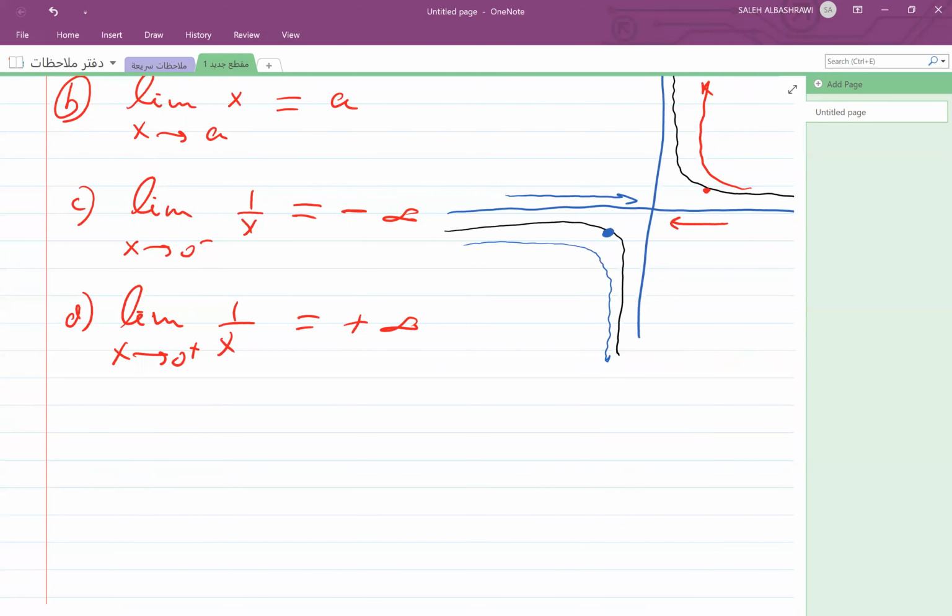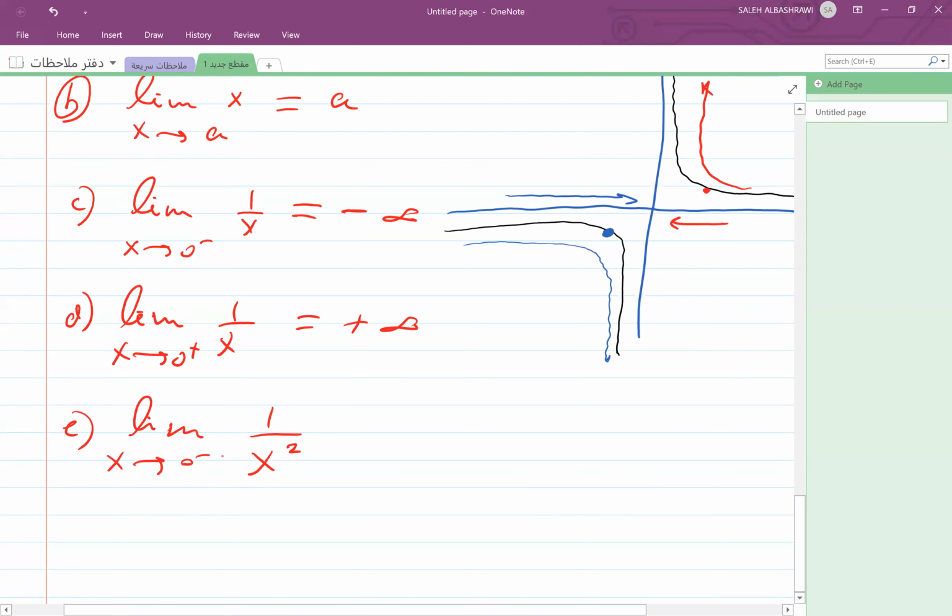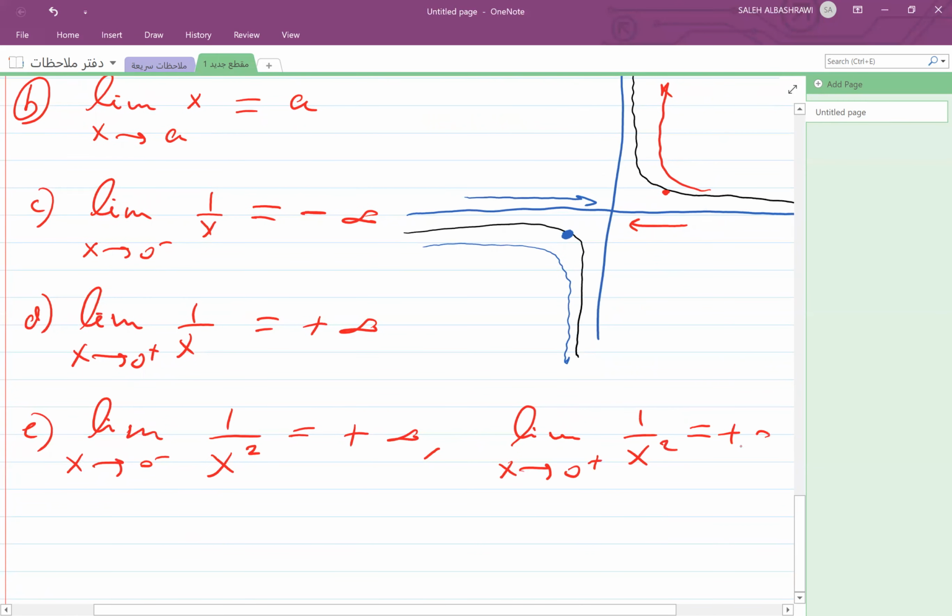And sometimes it also depends on the power of the denominator. For example, the limit of 1 over x squared as x goes to 0 minus will be plus infinity, because I have a square. And also the limit of 1 over x squared when x goes to 0 plus will also be plus infinity.